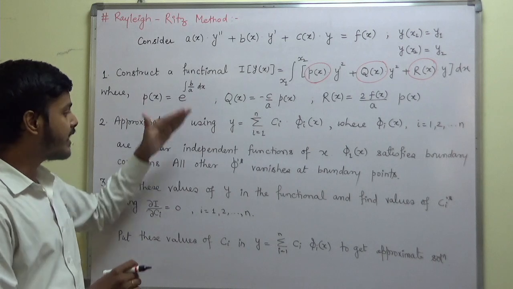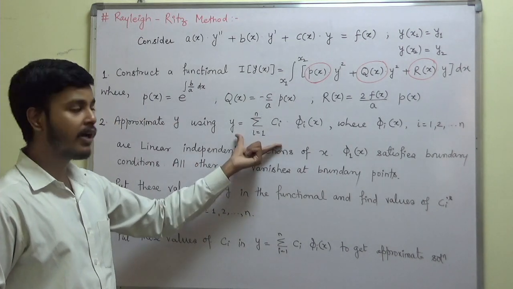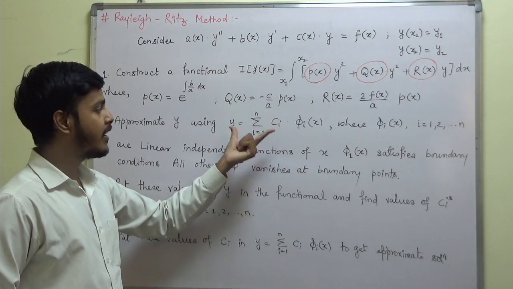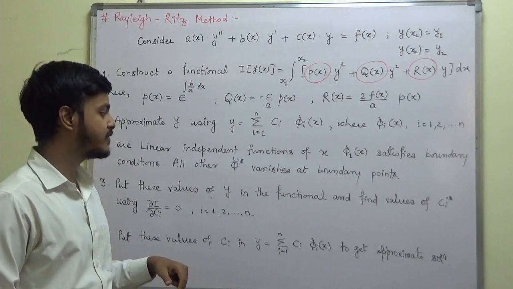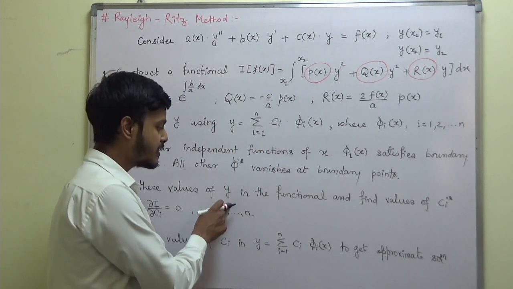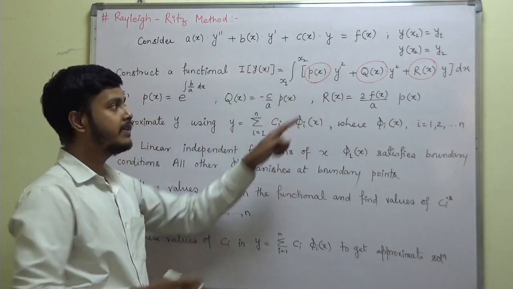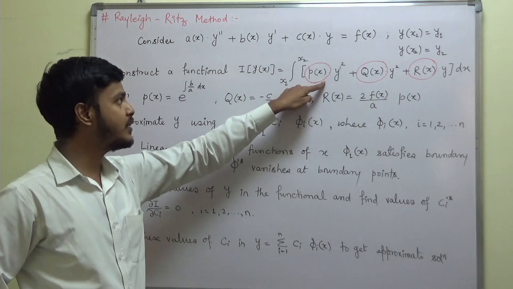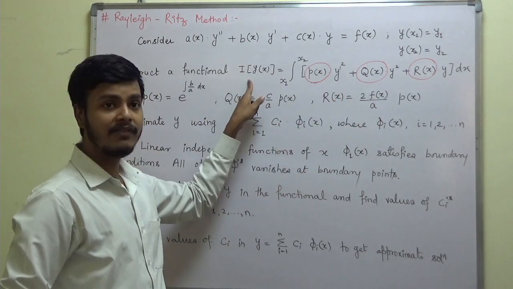So if steps 1 and 2 are clear to you, step number 3 says whatever y you have found out, after applying the boundary conditions, you will be getting the values of some constants. So what you have to do is substitute this value of y in the given functional. The moment you substitute the value of y in the given functional, you will be getting I of y.